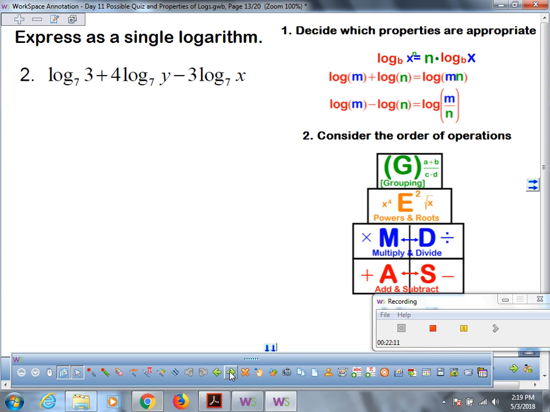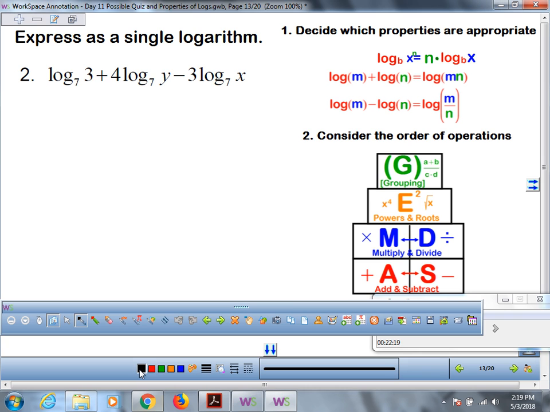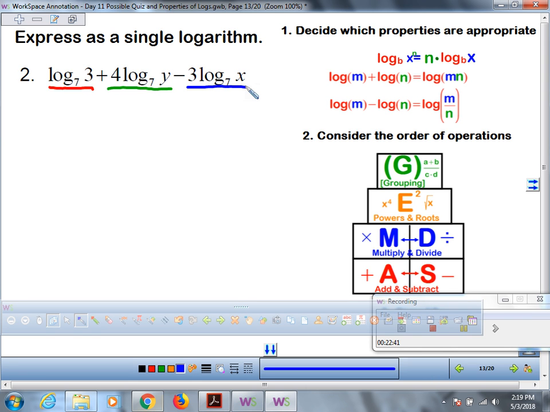All right, so I'm going to start with this one. What you're going to want to do is use parentheses, highlighters, whatever you need to do to make sure you can make sense of this. So what this is saying is I've got one thing happening right here, another thing happening right here, and a third logarithm there.